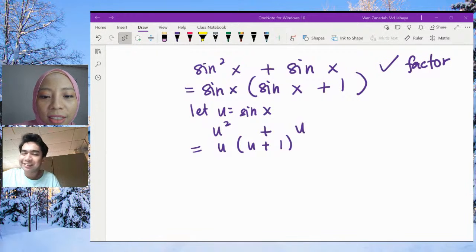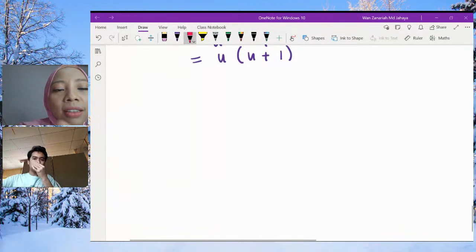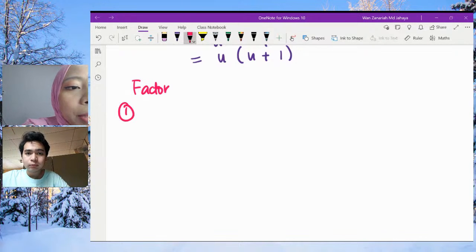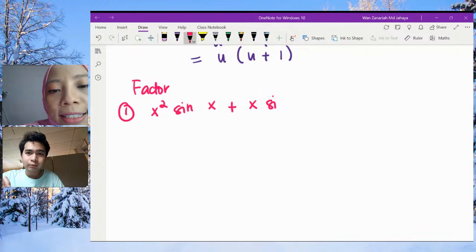Alright. Okay. So I repeat things yang boleh factor dan yang tak boleh factor. Nanti someone tolong tulis nota. Okay, I ulang balik. Things yang you boleh factor, yang pertama, contoh x square sin x plus x sin 3x.